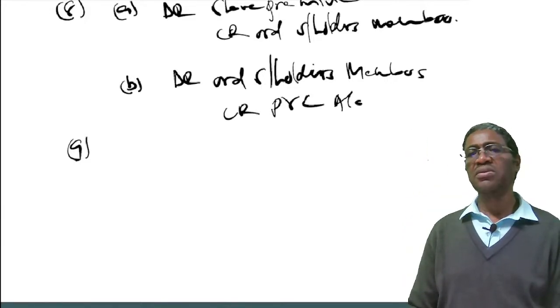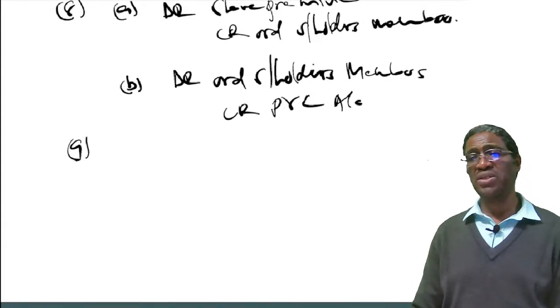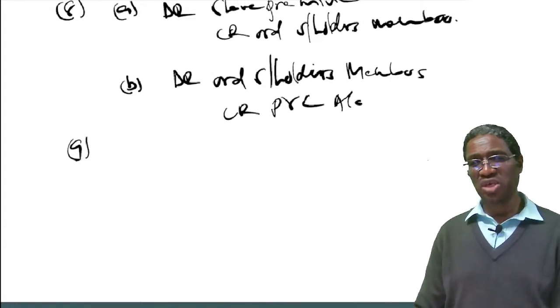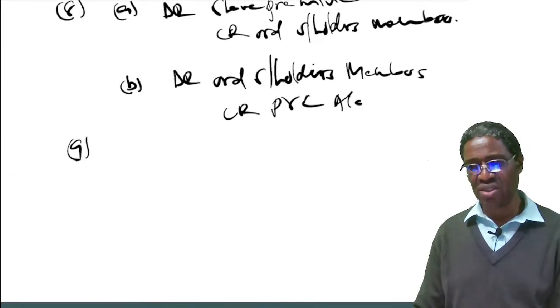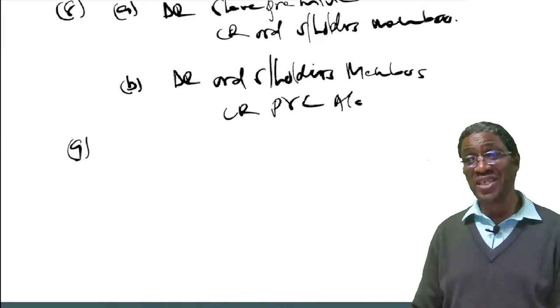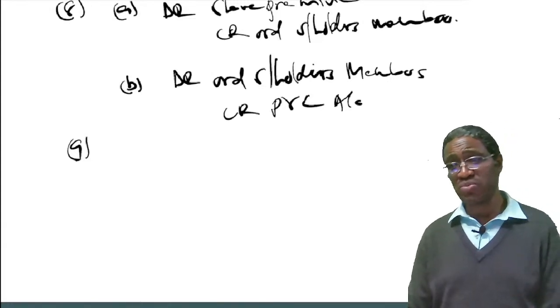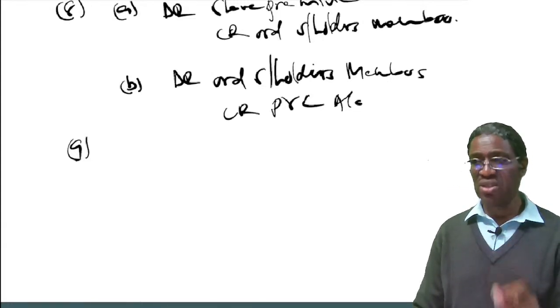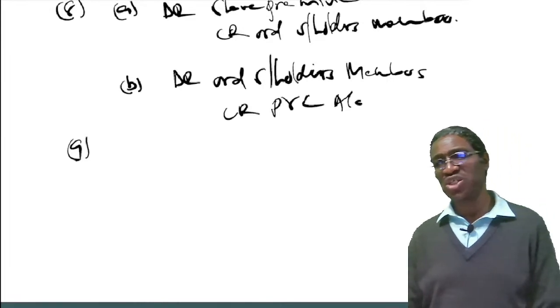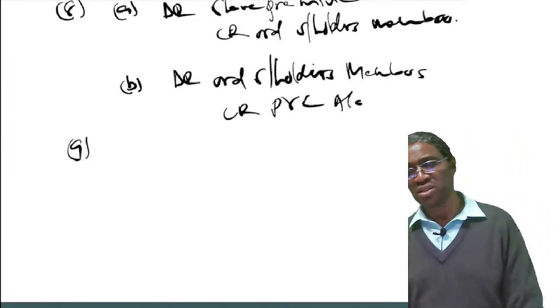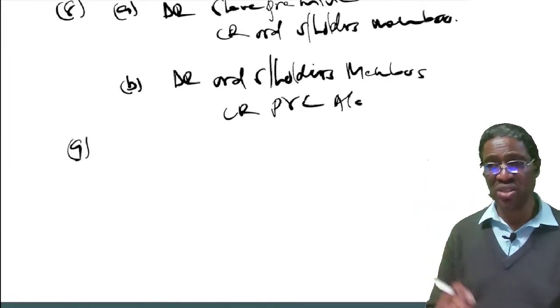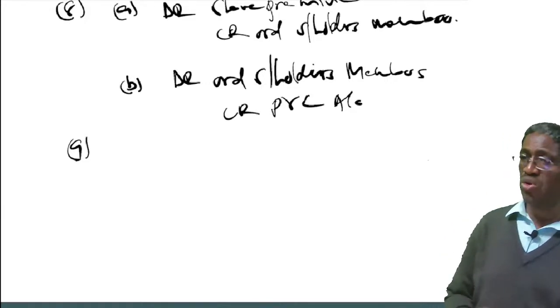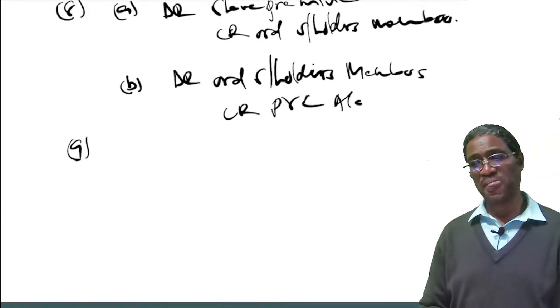Number 9, if we are through with number 8, transfer fictitious assets to the ordinary shareholders members.